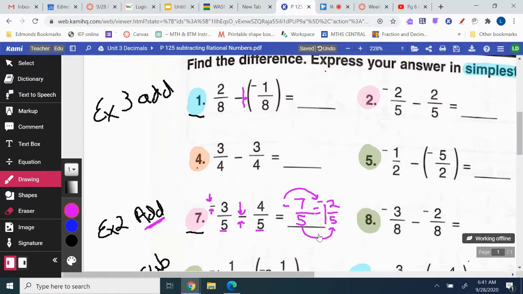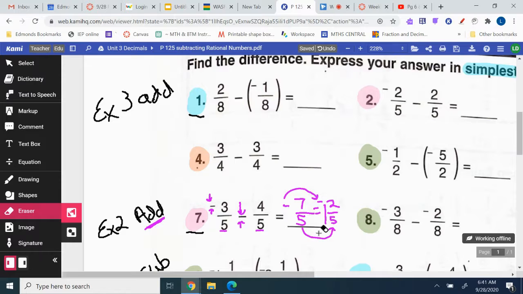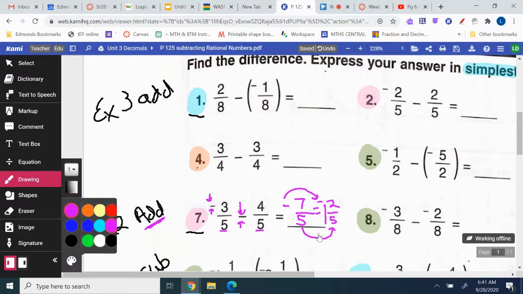But again, we're going to get into that tomorrow. So what I want you to notice is that when we have those two negative signs, then I'm going to change it to a giant positive. I'm trying to hide that negative. There you go. So I'm going to change it to a giant positive.